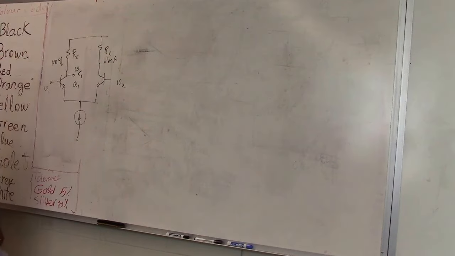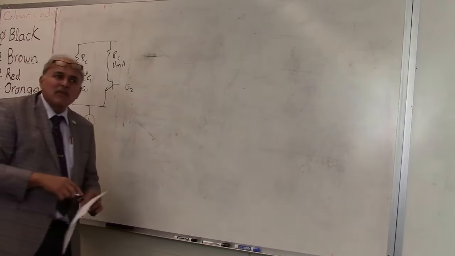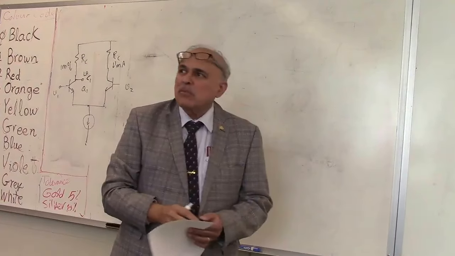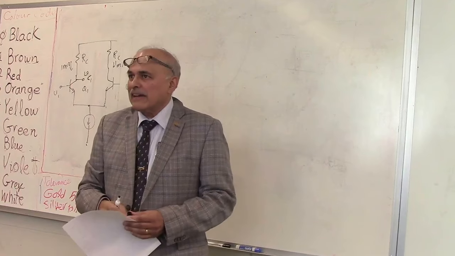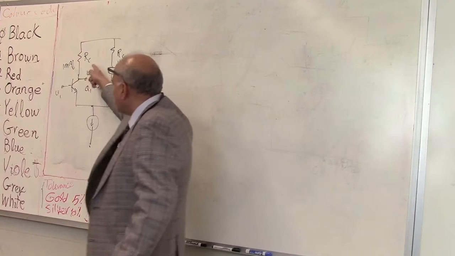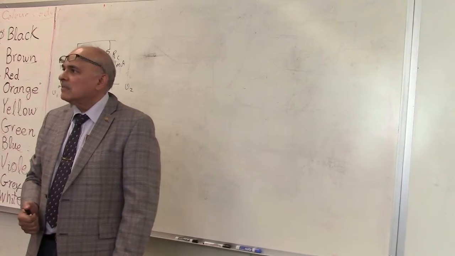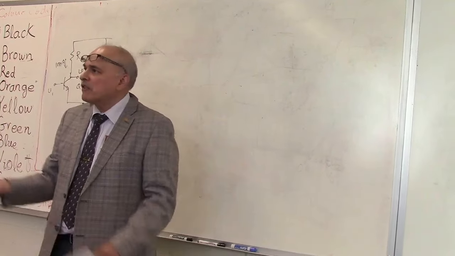Now these are transistors, they're not MOSFETs, so there will be some current going into the base. But normally we can neglect that current because it is much, much smaller than the collector current. Do you remember that? Roughly what factor is the collector current bigger than the base current by? Give me a number. 100, 150, something like that.